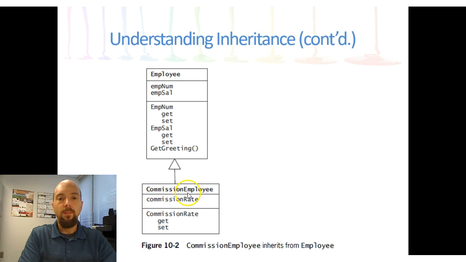But then we also have a commission employee, and this line right here means that it is a child object. This one down here is derived from this base or parent class up here. So if I create a new commission employee, they will get all of the characteristics of an employee plus all of the characteristics of somebody that receives commission.